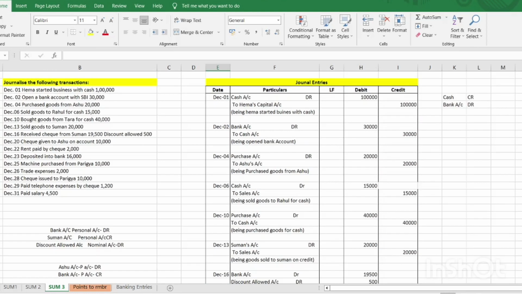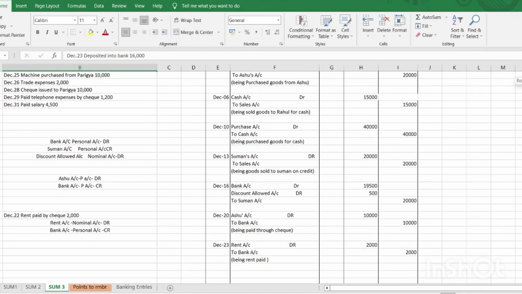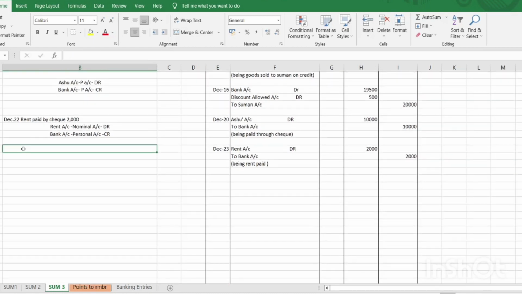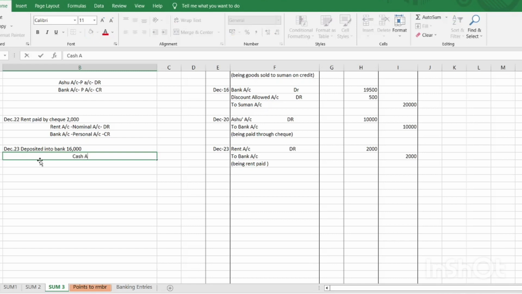Next entry was on December 23, deposited into bank 16,000. Pasting it here for you. Deposited into bank 16,000. Here the entry, again it will be cash account and bank account.